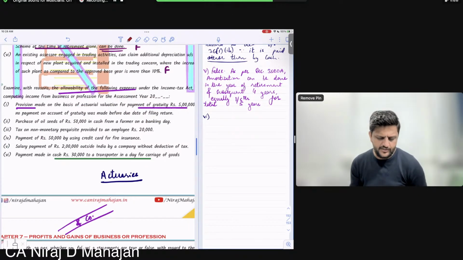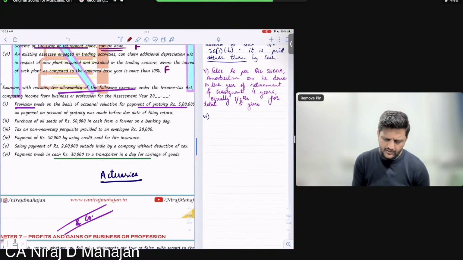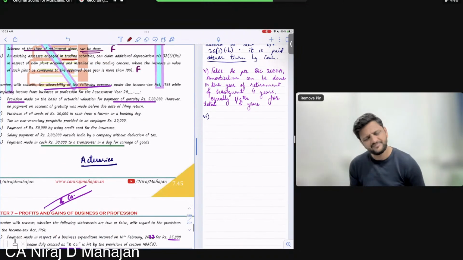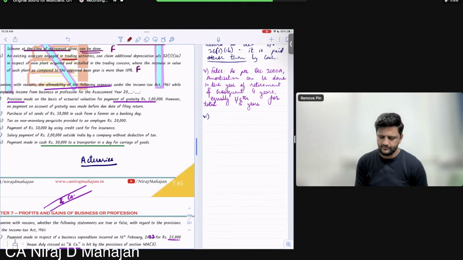An existing assessee engaged in trading activities can claim additional depreciation. The entire story is false. Okay, so I'm just writing false.